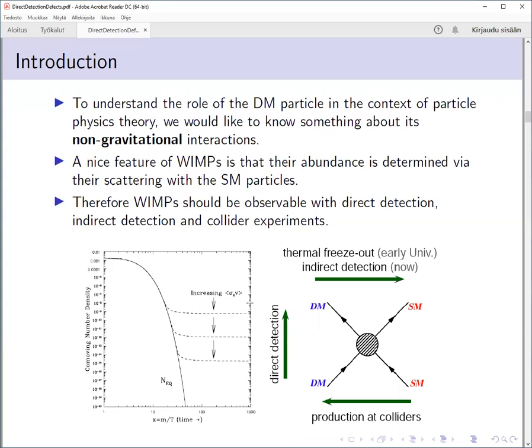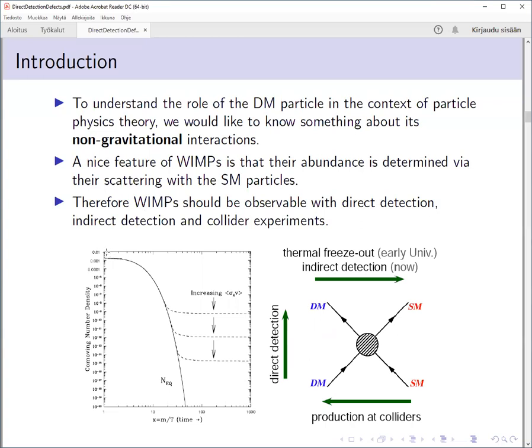Now, if the dark matter particle is a so-called WIMP or a thermal relic, then we have a bit better handle on how it behaves. So by thermal relic, we mean a particle that in the early universe is in thermal equilibrium with the standard model particles. So it interacts strongly enough with the standard model particles so that it reaches thermal equilibrium.